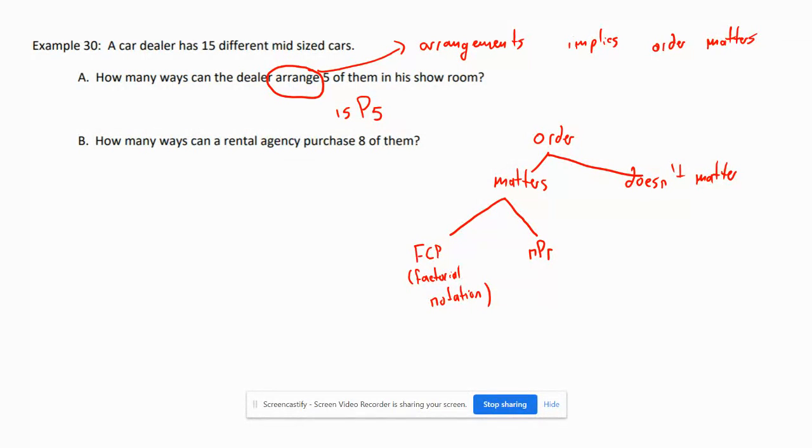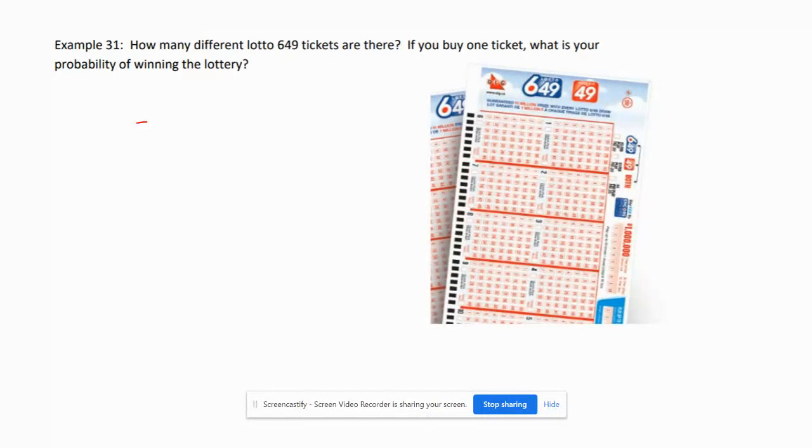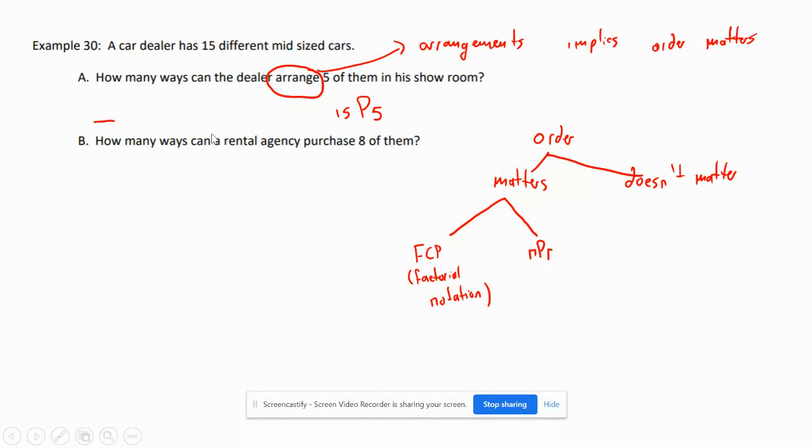Really, guys, I'm going to say these are interchangeable. The NPR formula is supposed to be a shortcut for factorial notation or the fundamental counting principle. Another way of doing this with the fundamental counting principle is when we have 1, 2, 3, 4, 5, and that means you have 15, then 14, 13, 12, and 11. But this calculation is the same thing as saying 15 pick 5.